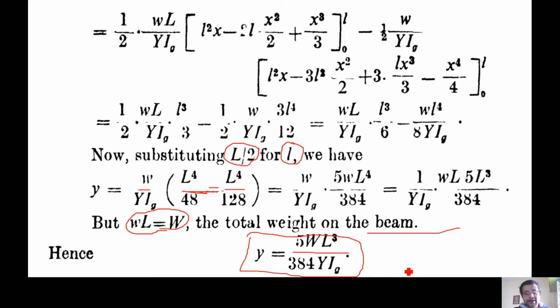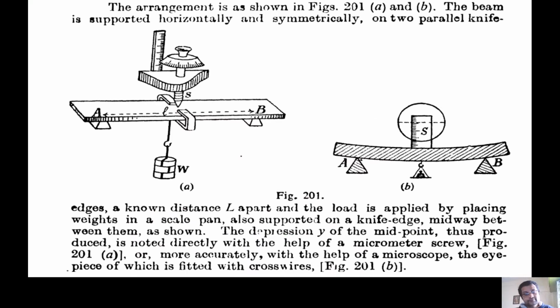You have derived it for this case, where the beam is uniformly loaded. You can do this experiment in the laboratory. The better way to understand these experiments is by doing this experiment in the first year laboratory. So you people can do these experiments and also learn them.